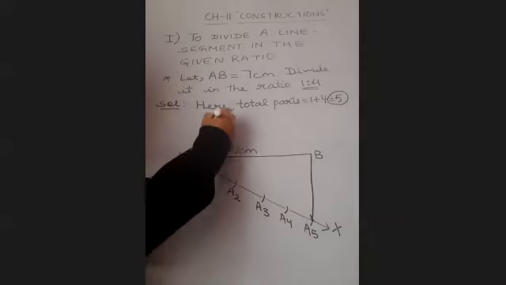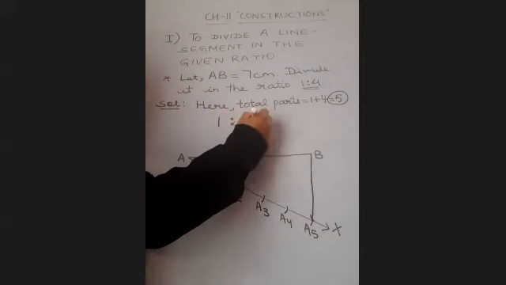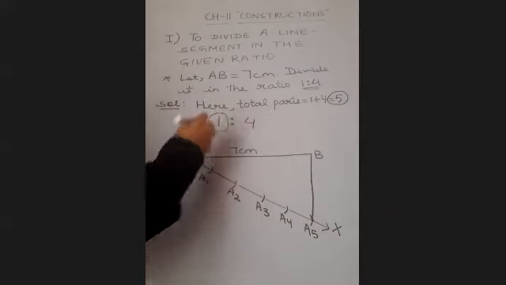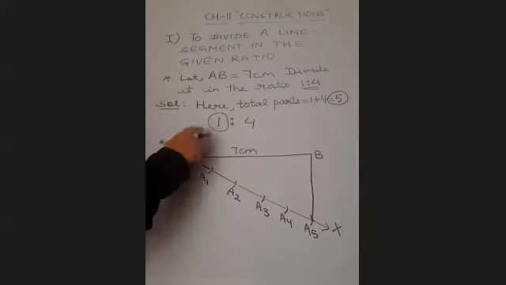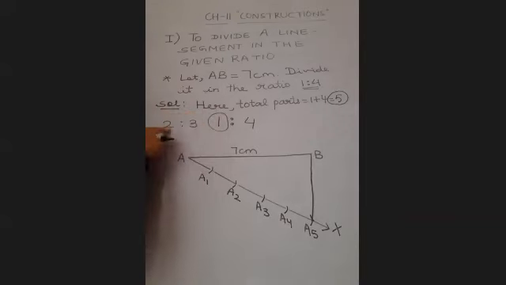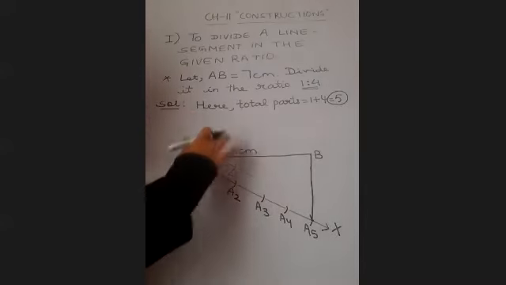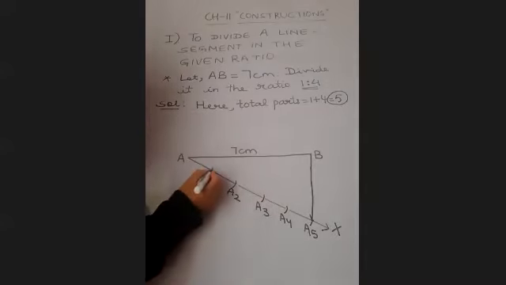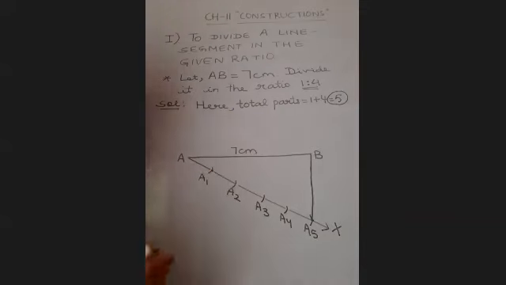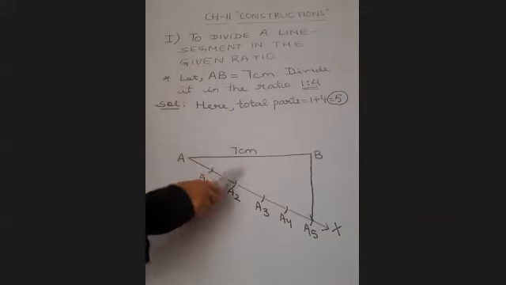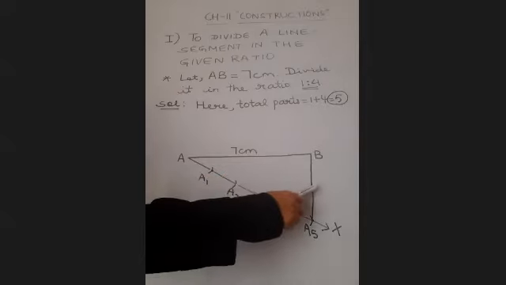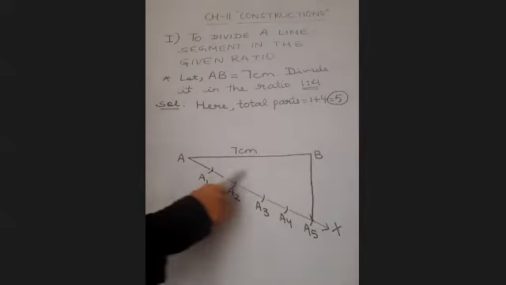Then, as the ratio is 1:4, on the first arc, because it is 1:4, if it is 2:3, we will make it on the second arc. If it is 3:4, we will make on the third arc. Since it is 1:4, so on the first arc, that is A1, we wish to draw a line which is parallel to BX. Which is parallel to BX.